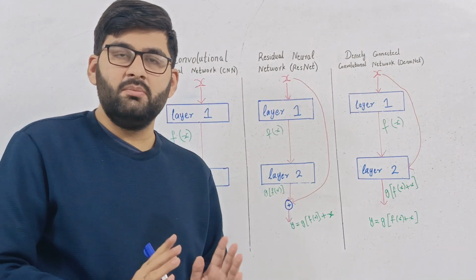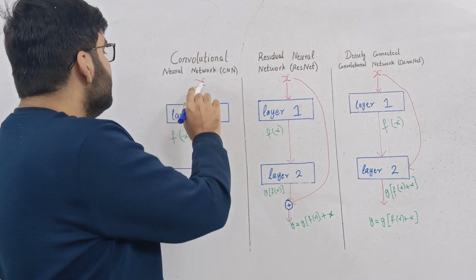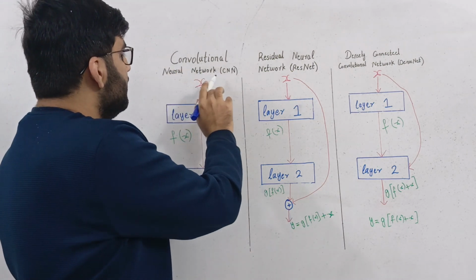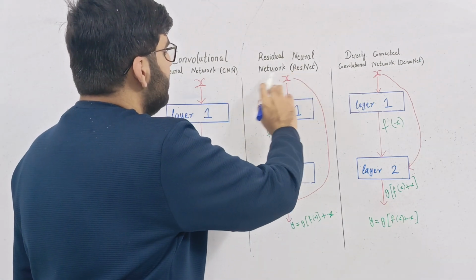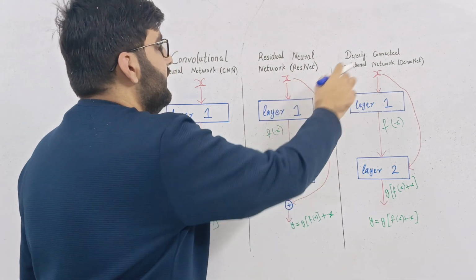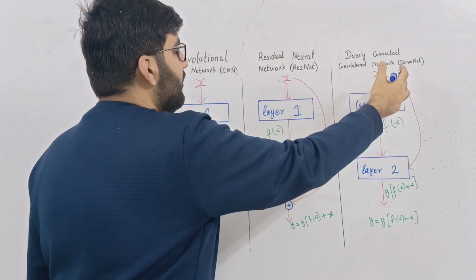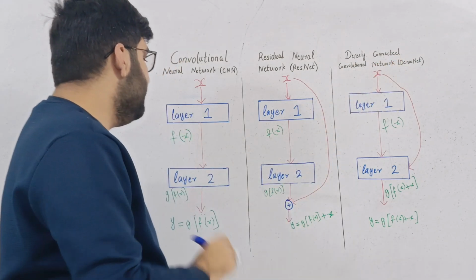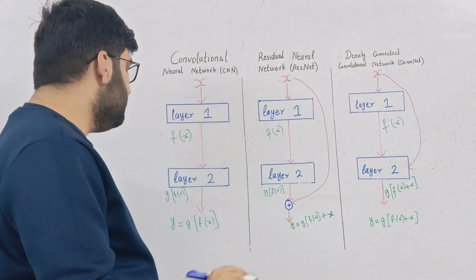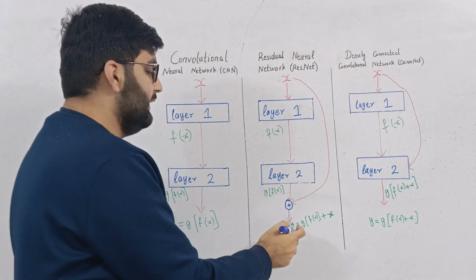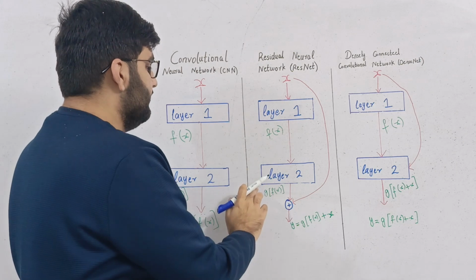These are three example variants of the convolutional neural network. The first one is the traditional convolutional neural network or the CNN. The second one is the residual neural network pronounced as the ResNet. The third one is the densely connected convolutional neural network also called the DenseNet. The input to each network is represented by X and the output is represented by Y. Blue boxes represent layers.